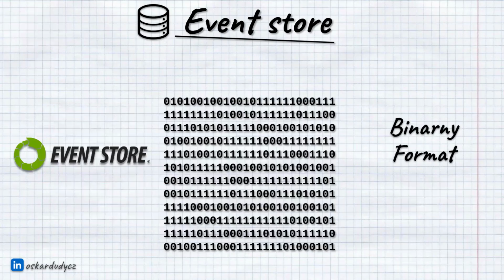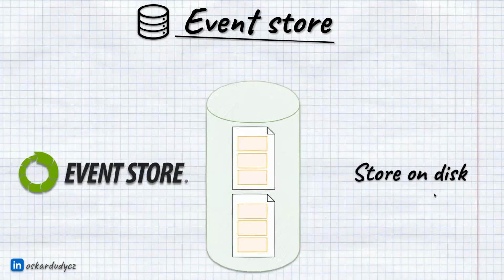And of course, it's not like we need to use a different database underneath, like a relational database, Mongo, or any other storage. We can also use solutions like Event Store DB, currently rebranding into Current DB, or Axon Server, and all of them are just keeping data as any other traditional database, as files on a disk, using a binary format.